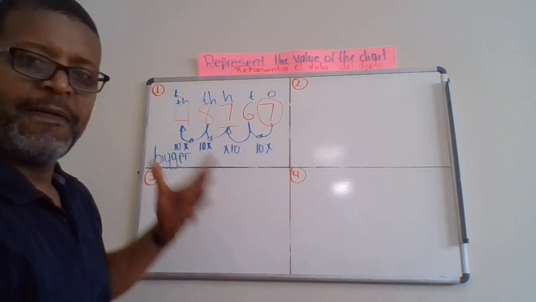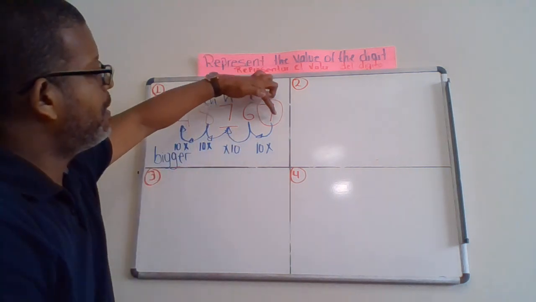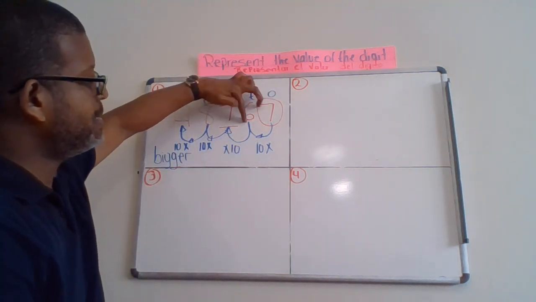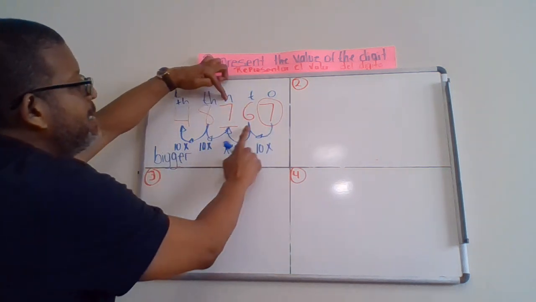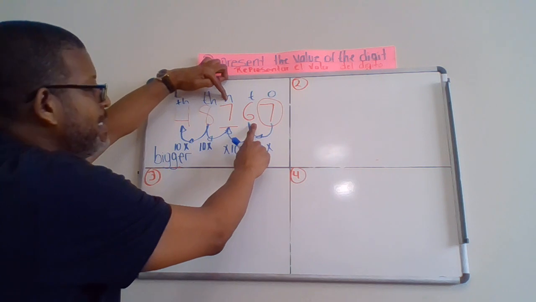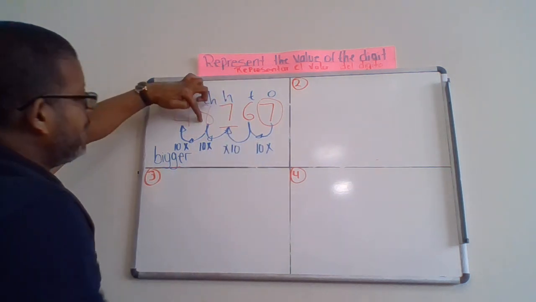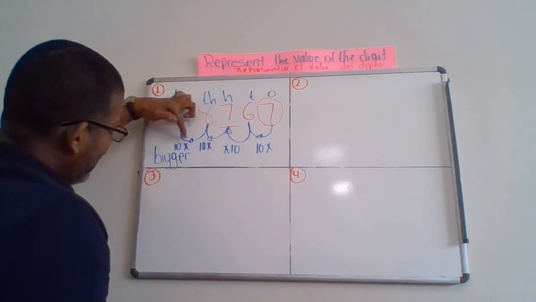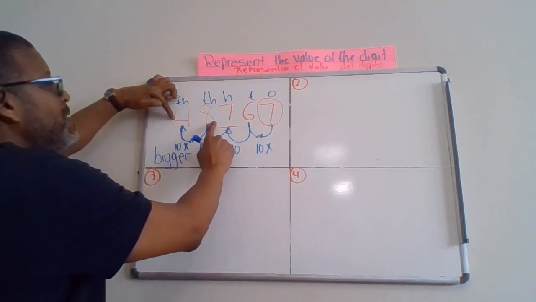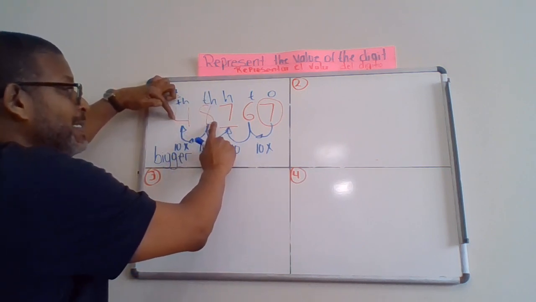Now, remember this 7, if we move here, the 6 is 10 times bigger than the 7. We move to the 8. The 8 is 10 times bigger than the 7, and the 4 is 10 times bigger than the 8.